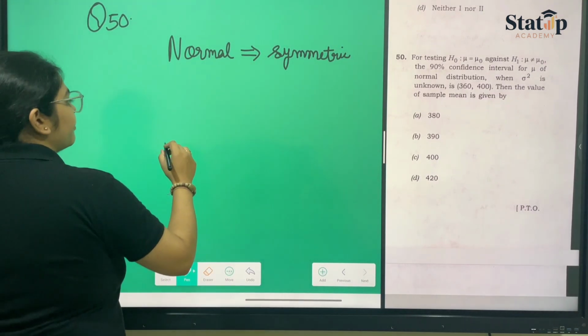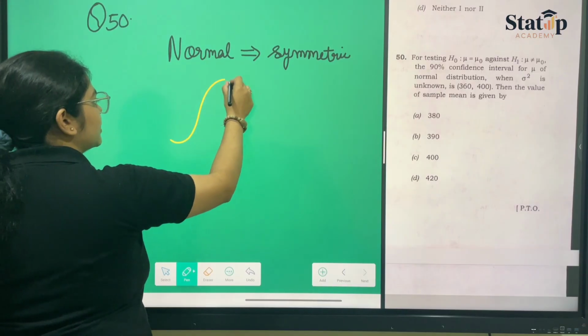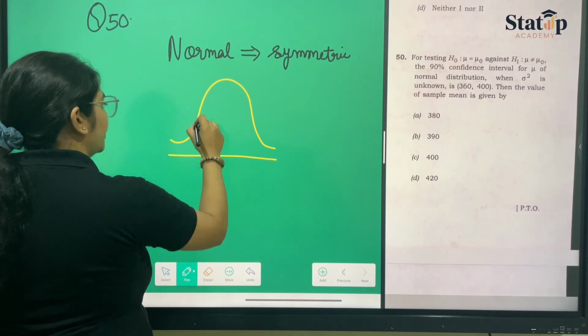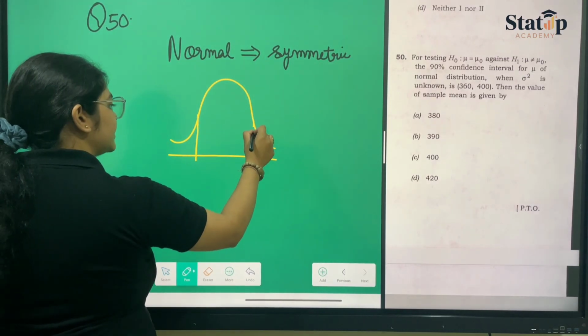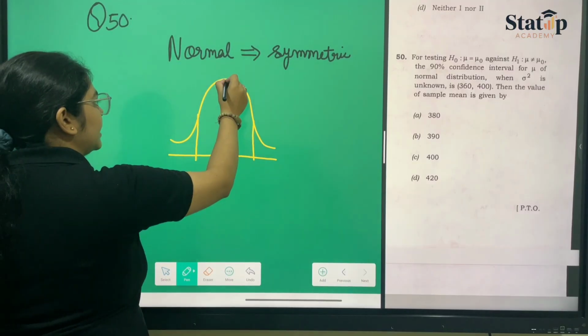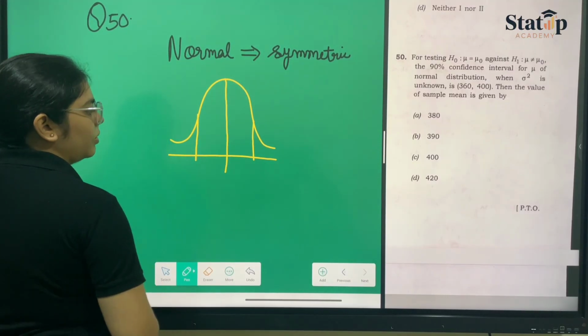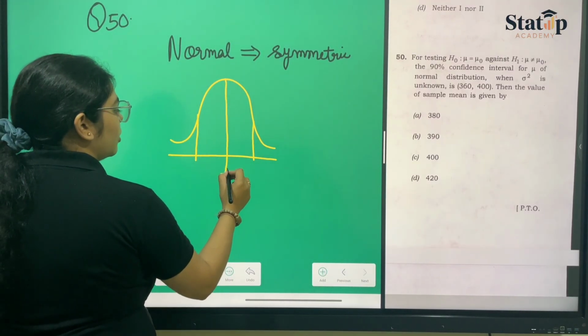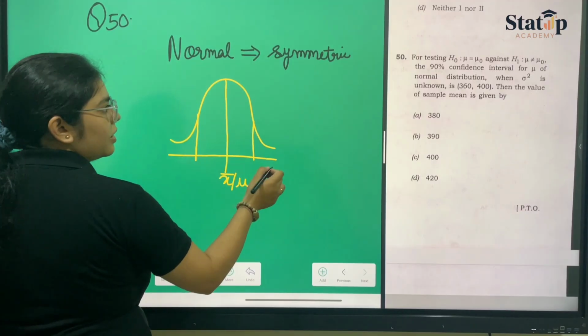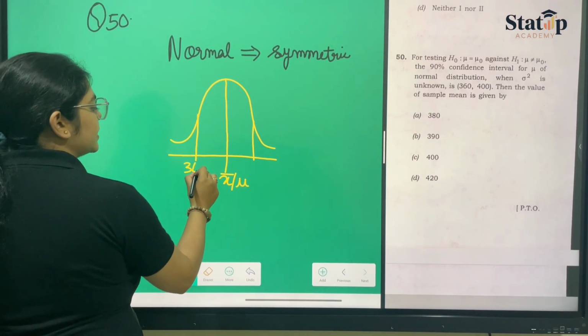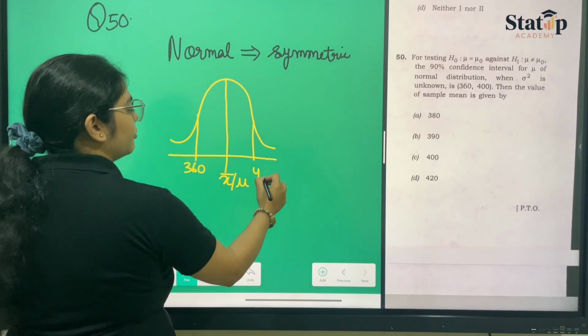So suppose this is the normal distribution, and I have the interval this and this, then our mean, x bar or mu, whatever you are taking, will be lying exactly between 360 and 400.